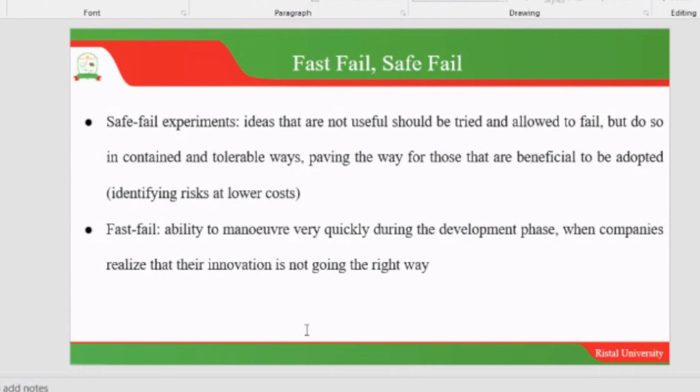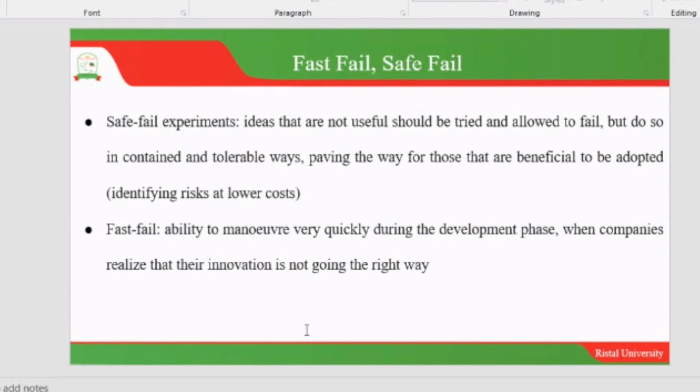We test them in a contained population group, which might consist of a few people that will be a representative of the entire population, and then we see if the idea is going to work or not. So that if it doesn't work, we have not spent a lot of money. Okay, we have not used a lot of resources which we could have diverted to the other idea which is going to work.